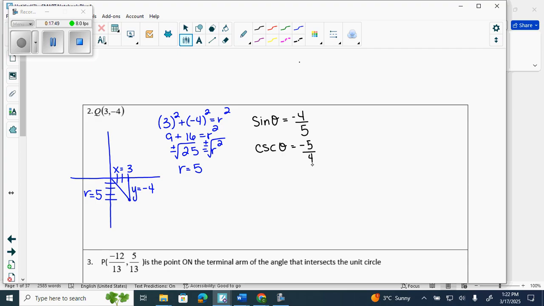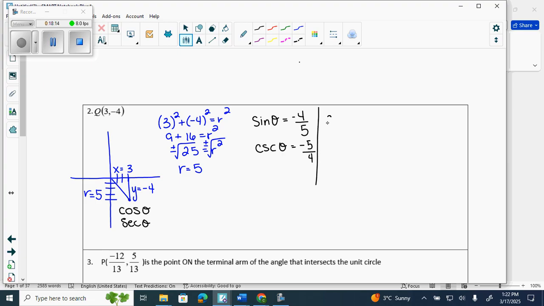What's the only thing positive here? True, but trig ratios. All students take calculus. What's positive here? Cos theta and its bestie, secant. And it just happens because it's going to be x divided by r and they're both positive, right? So these two are negative, which they should be.